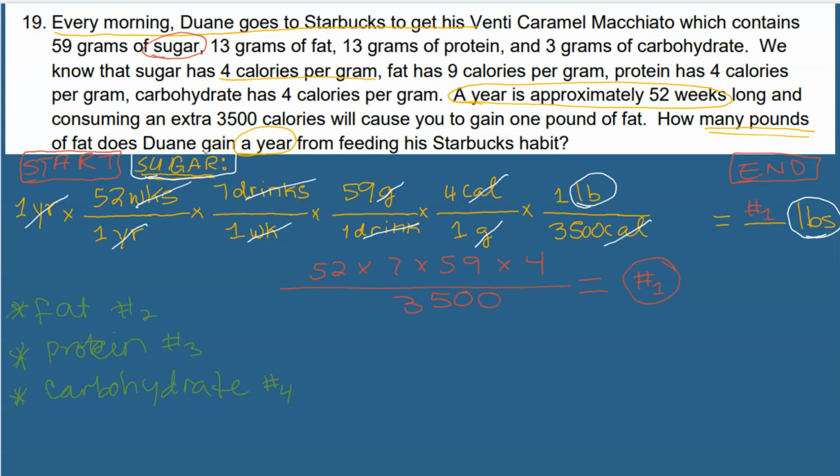Or it is something that is common sense, like an hour is 60 minutes, or a week is 7 days. Every morning means every day, and there are 7 days in a week, right? So it's either going to be common sense in the story or in your reference page. You should not have to Google any information, and you should not Google that for your test.